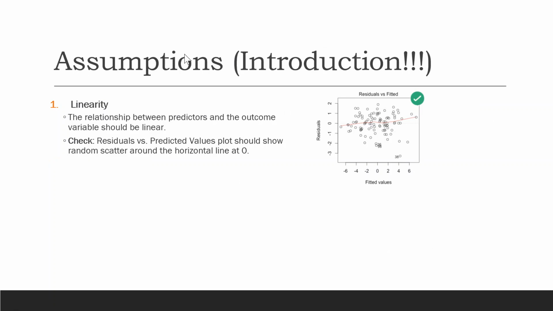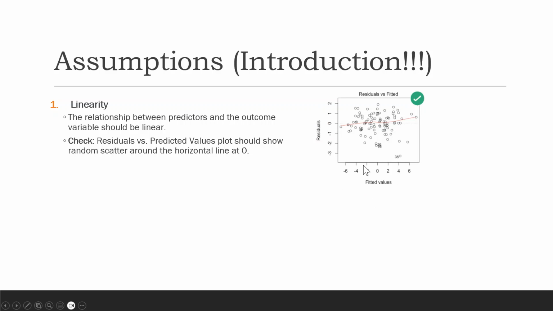One of the assumptions is that we need linearity. We use the term multiple linear regression, which means the relationship between our predictors and the outcome must be linear. One way to check that assumption is to make a scatter plot where the vertical axis has the residuals and the horizontal axis has the fitted values. These are the predicted values.